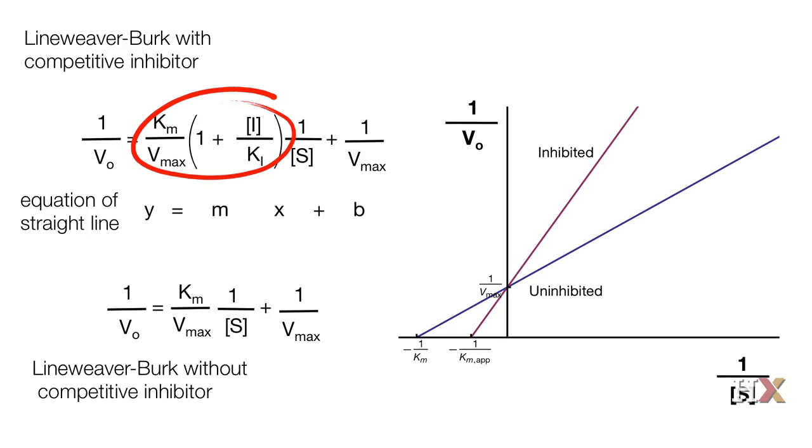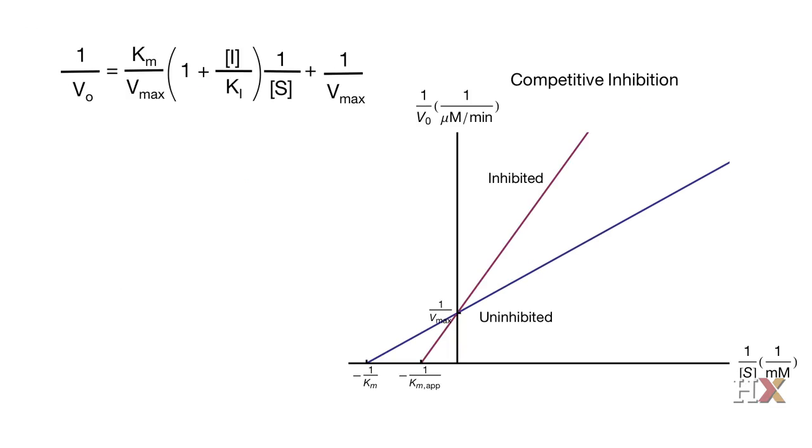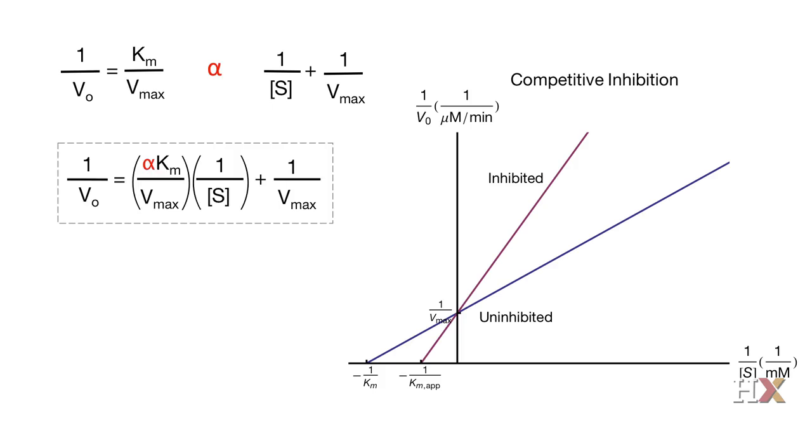Now what about Km? First, we can replace 1 plus the concentration of inhibitor over Ki by a constant called alpha. And so our equation becomes 1 over V0 equals alpha Km over Vmax times 1 over S plus 1 over Vmax.